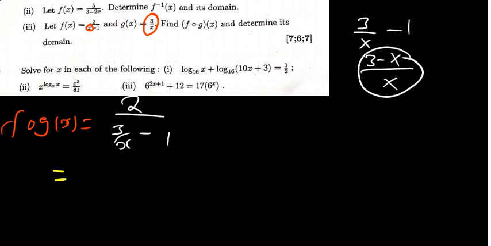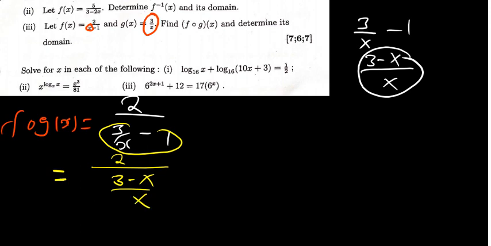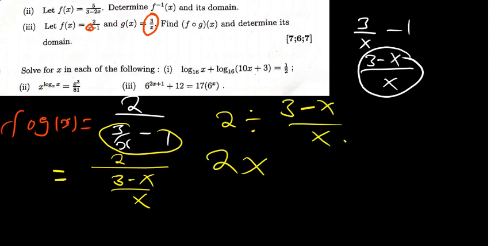So this will continue, and this is going to be 2 over the whole of this, which we replace with 3 minus x over x. So this is 2 divided by 3 minus x over x, which is the same as 2 times x over 3 minus x.